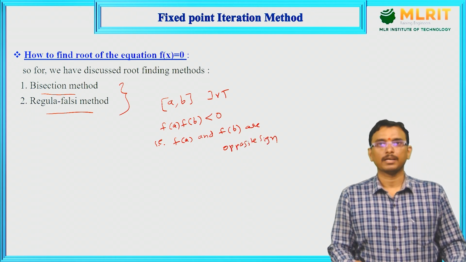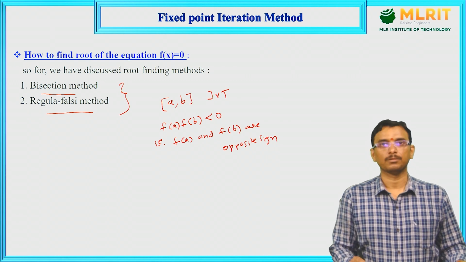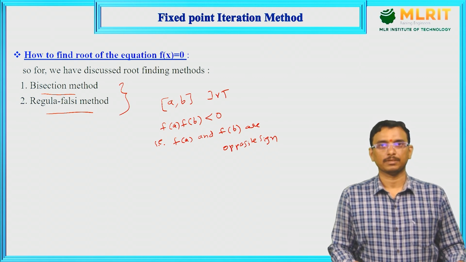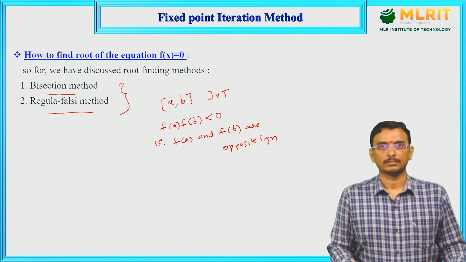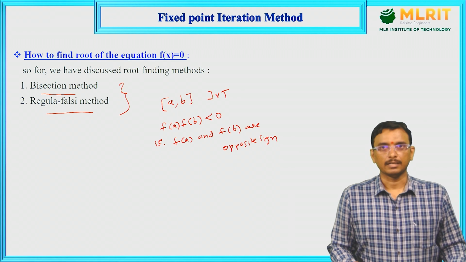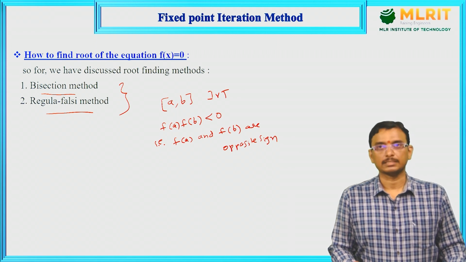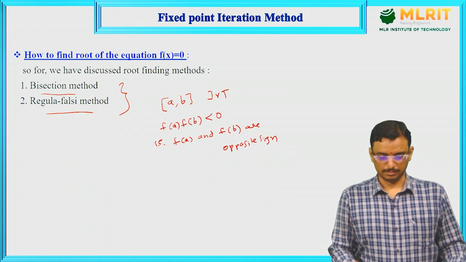So the functional values at the endpoints of the interval must have product less than 0, meaning they are of opposite sign. Then only the root lies between the interval. This we have already discussed in the last two sessions also.